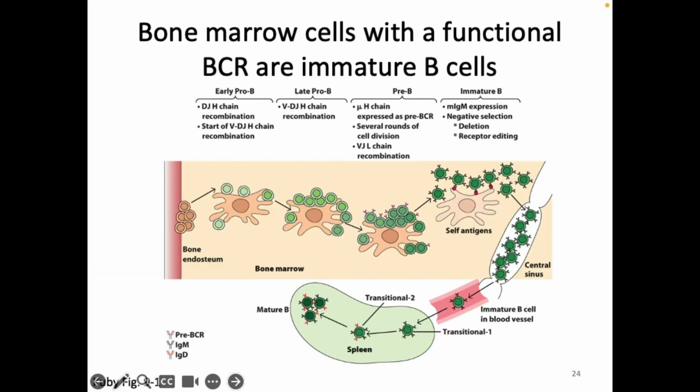One other thing that you can notice is when these B cells are just coming out of the bone marrow, you can see it's showing them making a black B cell receptor and also a red one, right as they're coming out. That's because they're making both IgM and IgD.